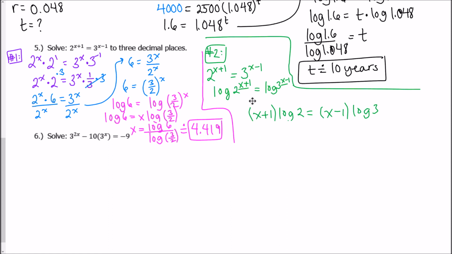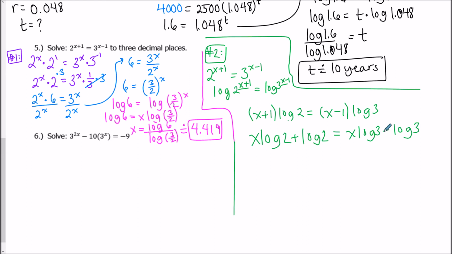So I end up getting here x log 2 plus, and then if I multiply log 2 by 1, I get log 2, okay, equals, now I'm going to distribute the log 3 through, so I get x log 3, and then log 3 times negative 1 is minus log of 3.